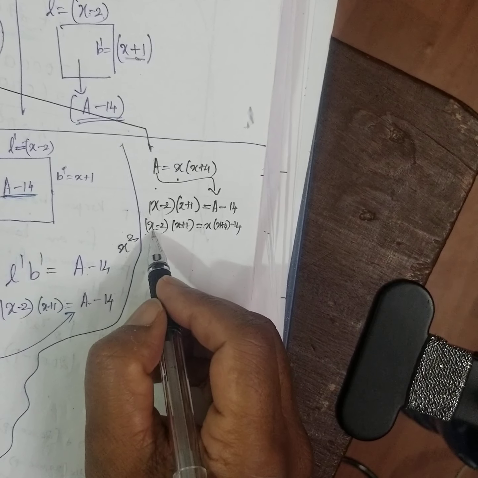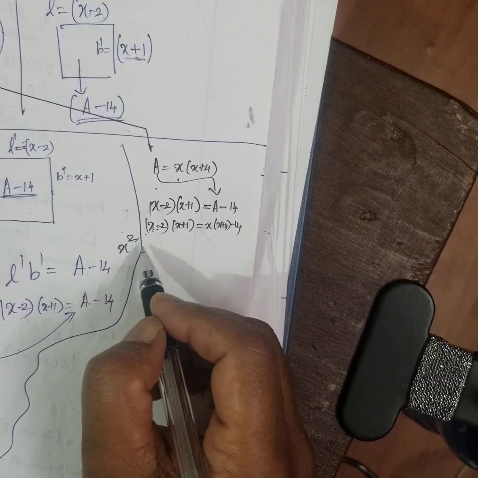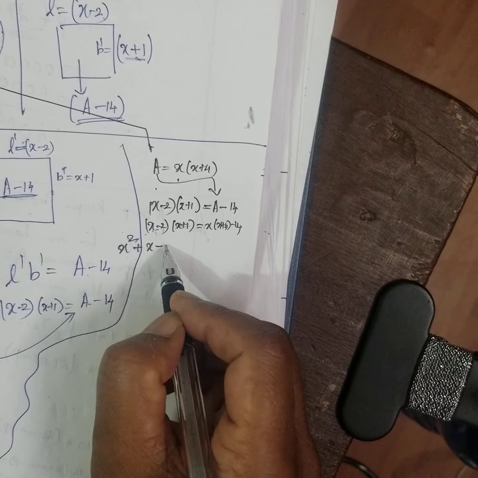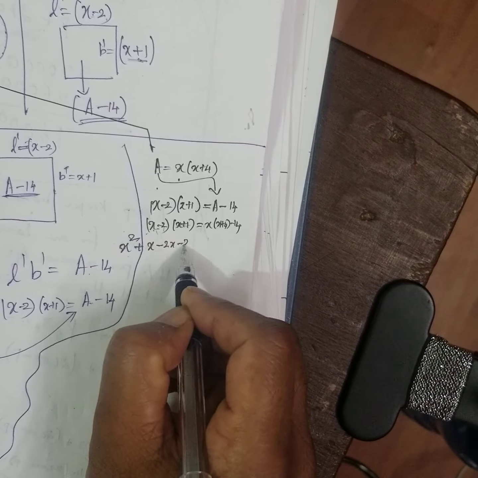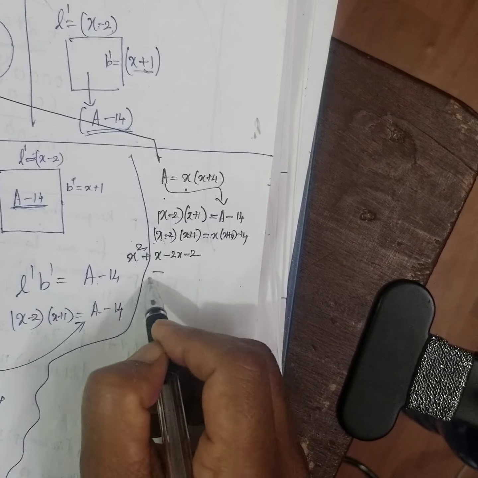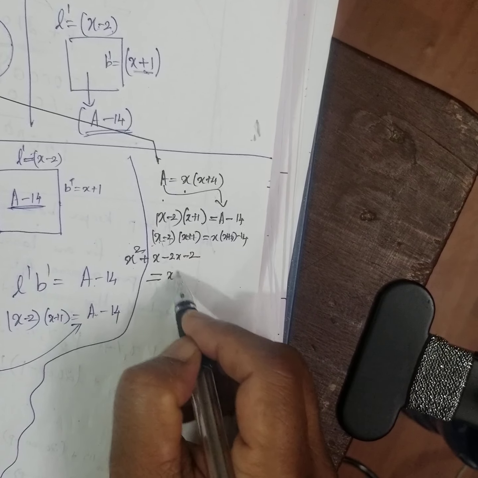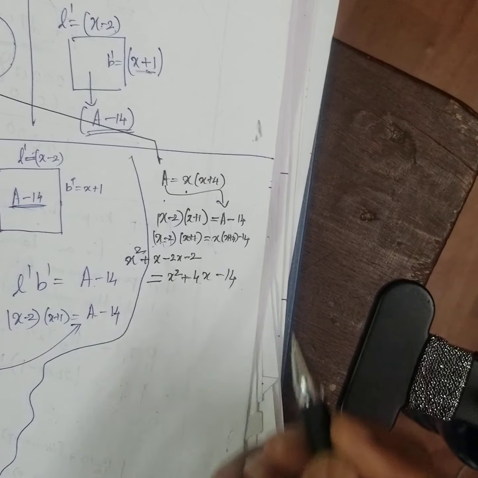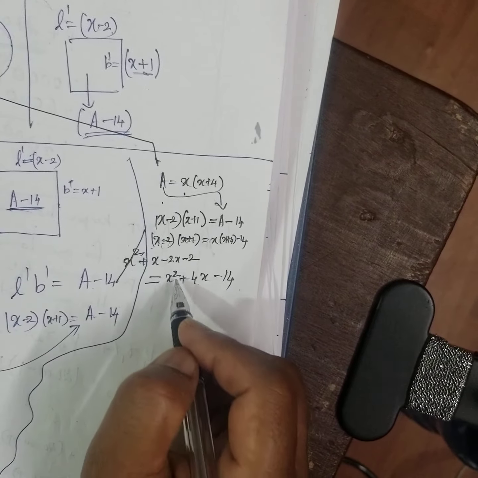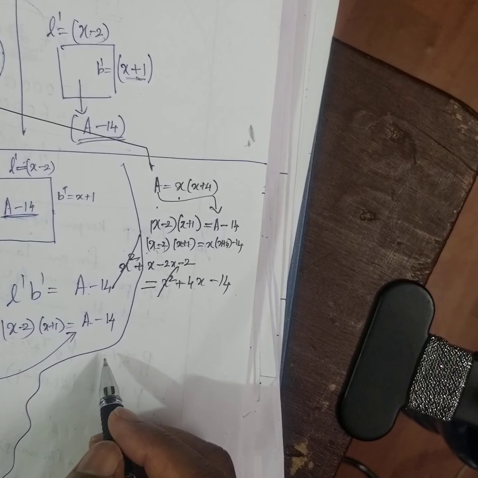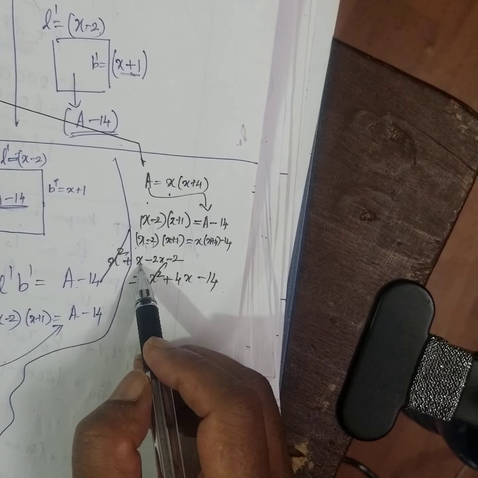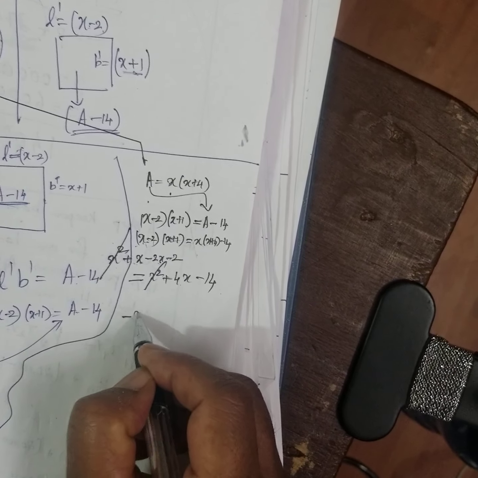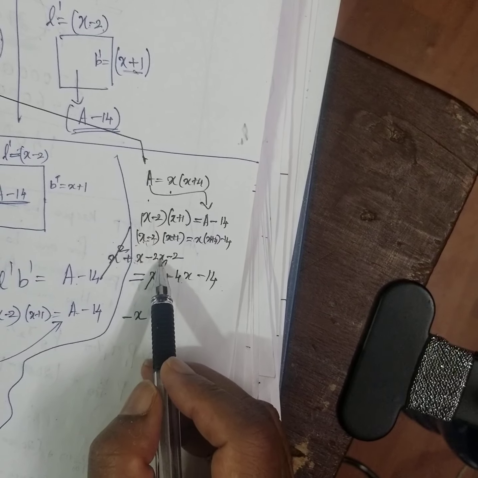If I multiply, x square plus x minus 2x minus 2 is equal to x square plus 4x minus 14. The x square cancels.